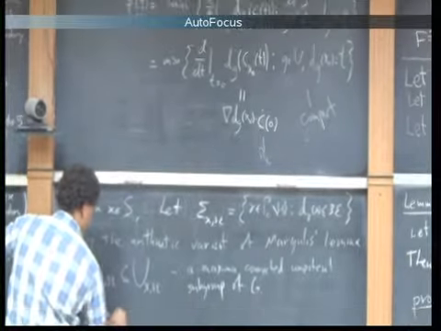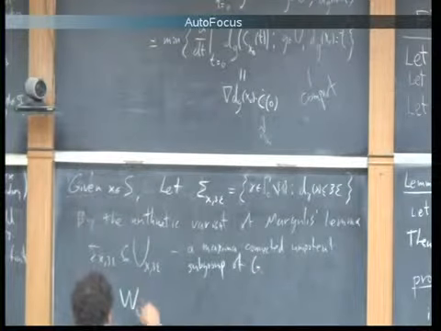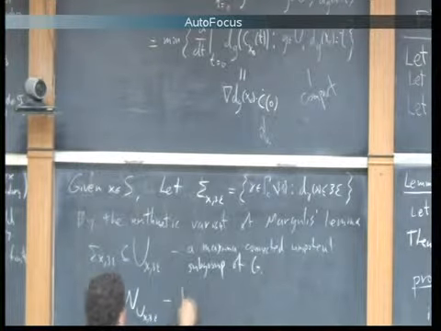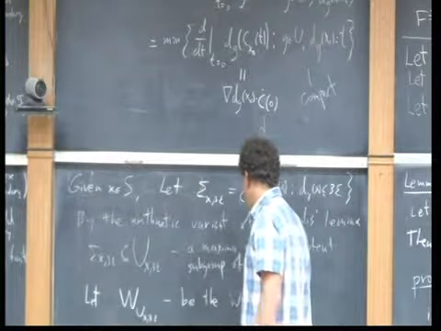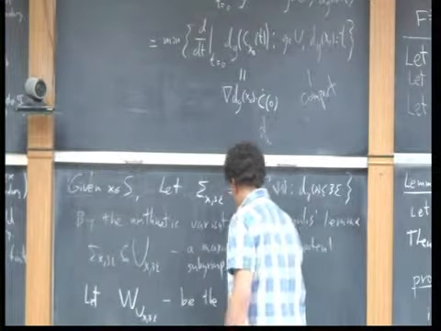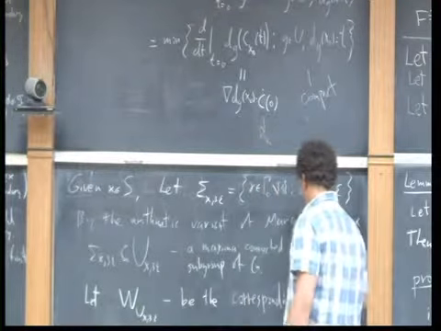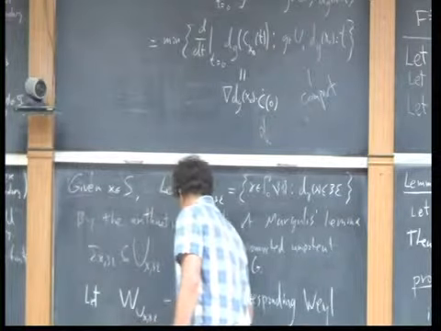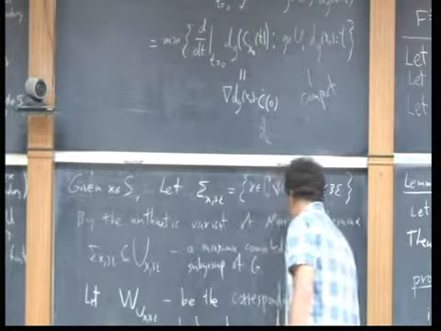Let W of this U x 3 epsilon be the Weyl chamber at infinity, corresponding to the terminal point at infinity, and P its center.